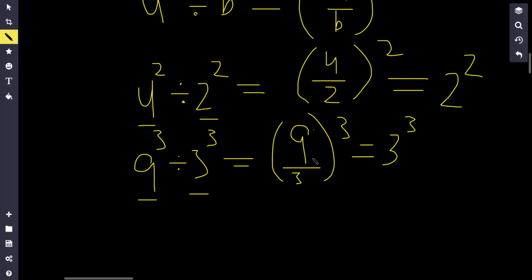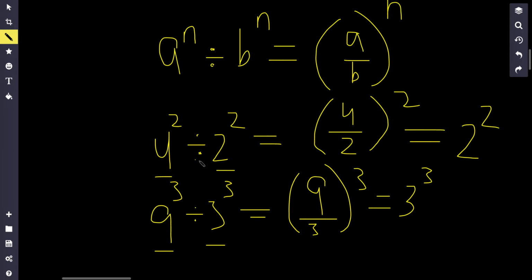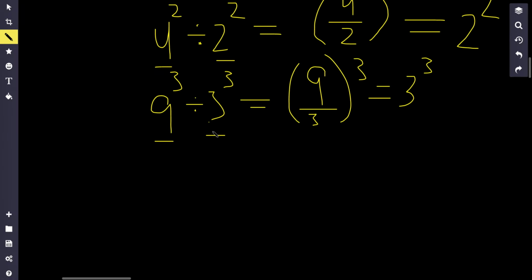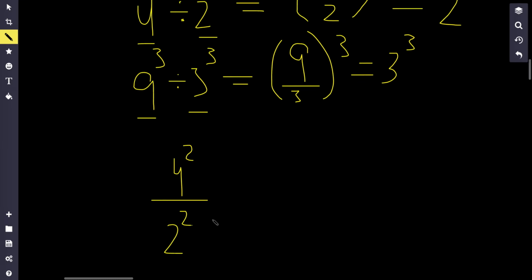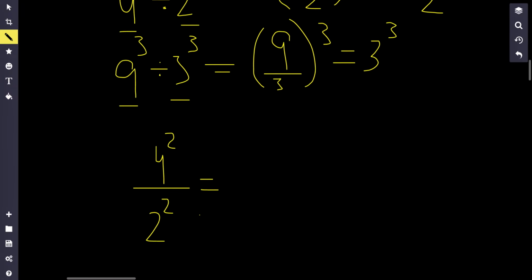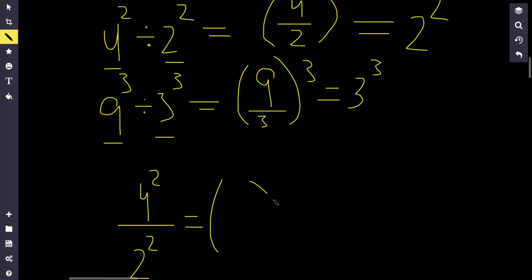And why does this rule work? Let's use the previous example we did: 4 to the second power divided by 2 to the second power. I'm going to write it in fraction form. And what is this going to be equal to? Well, the formula says that this is going to be equal to 4 over 2, to the second power.